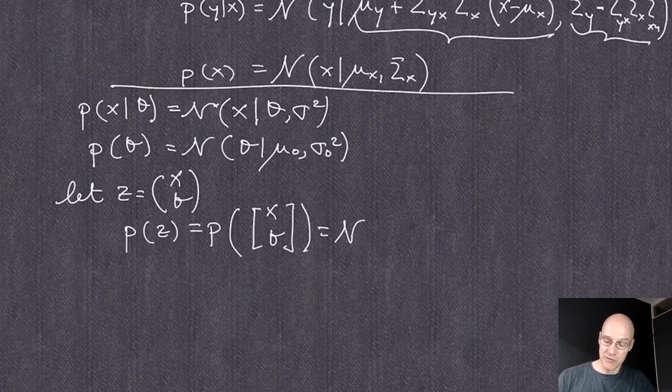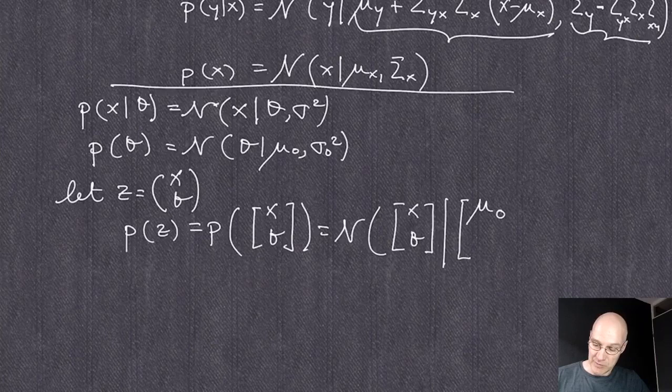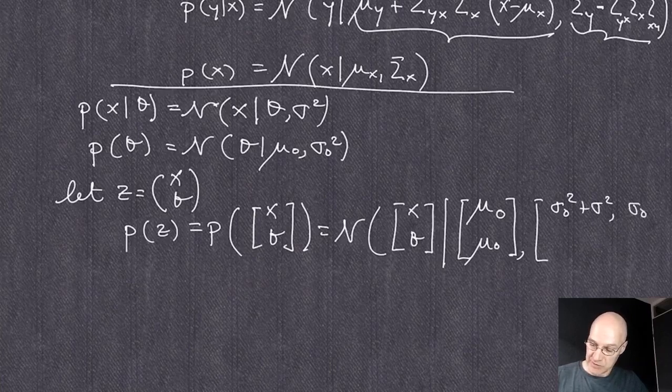That's a Gaussian, of course, over x theta, with mean mu 0 and covariance matrix with sigma 0 squared plus sigma squared, sigma 0 squared, sigma 0 squared, and sigma 0 squared. So this is my covariance matrix.